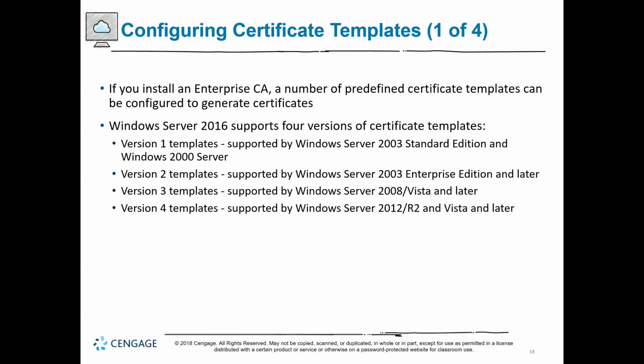Version 1 supports Server 2003 Standard Edition and 2000. Version 2 is 2003 Enterprise Edition and later. Version 3 is Windows 2008 or Vista and later. And version 4, you have to have 2012 R2 and Vista and later. So just be aware when you're using those templates which version goes with what version of server.